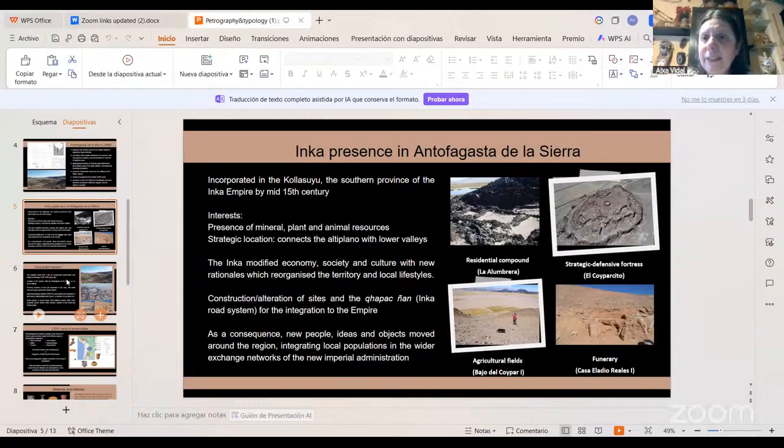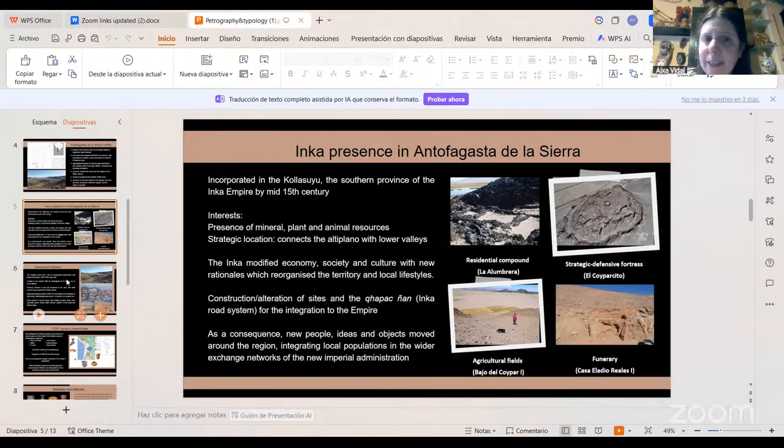When they entered the area, they modified economy, society, and culture with new rationales which reorganized the territory as well as local lifestyles. And in this process, they built new sites or remodeled the ones that already existed and established the Capac Ñam, that's the Inca road system that connected all the points the empire was interested in.